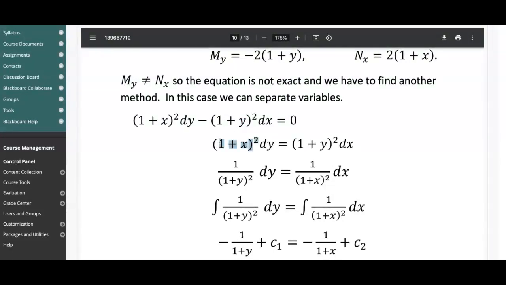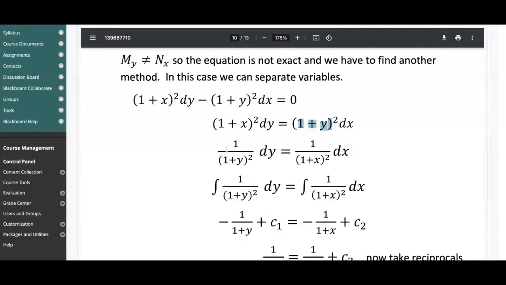So we write 1 plus x squared dy equals 1 plus y squared dx, and we want to put the y on one side and the x on the other side. So we divide both sides by 1 plus x squared and 1 plus y squared. Now we have y together and x together: separable equations.